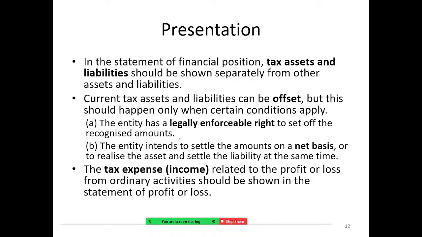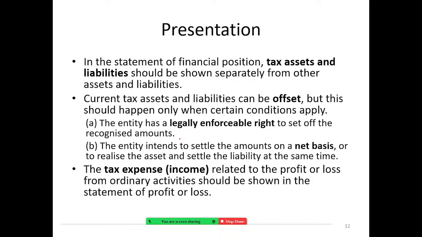Current tax assets and liabilities can be offset, but only when certain conditions apply. If you find current tax assets and current tax liabilities, you can set off, cancel out each other. For example, tax liability is 100,000, tax asset is 80,000, so you can write 20,000 as a current tax liability. So it's a kind of offsetting.